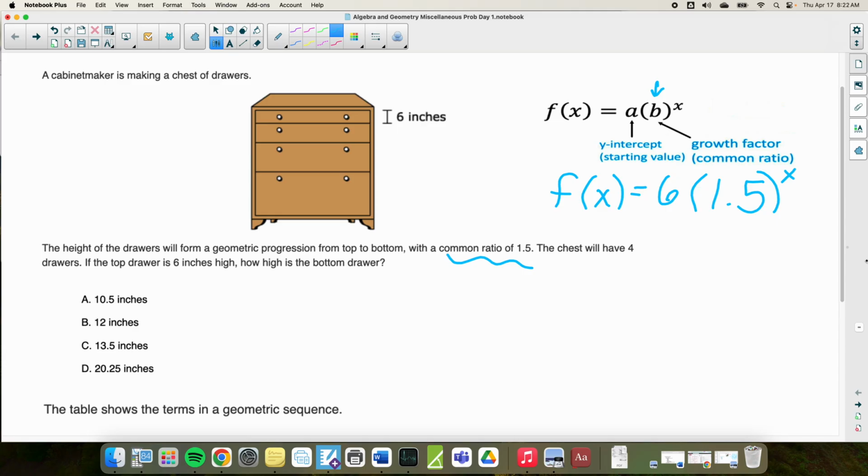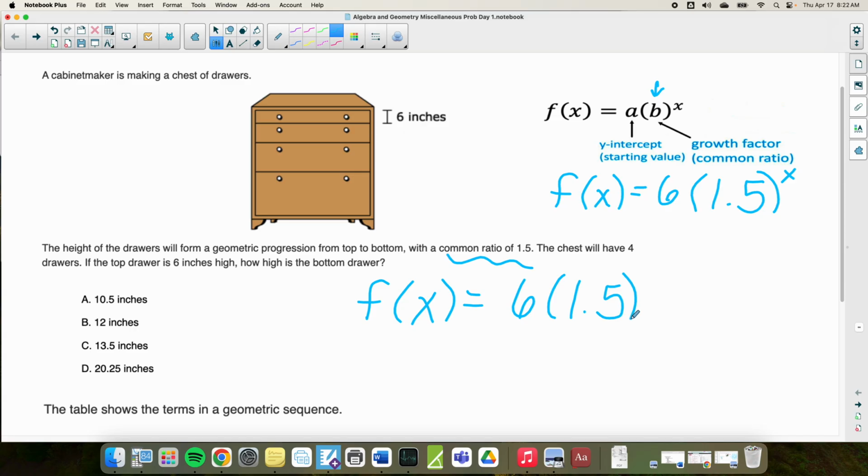Now it says the chest will have 4 drawers. If the top drawer is 6 inches high, how high is the bottom drawer? Now you could do this 2 different ways. You could use your formula and do 6, 1.5.